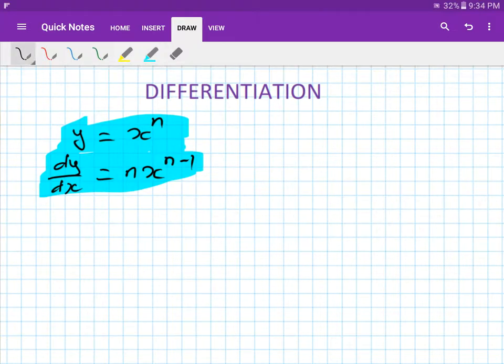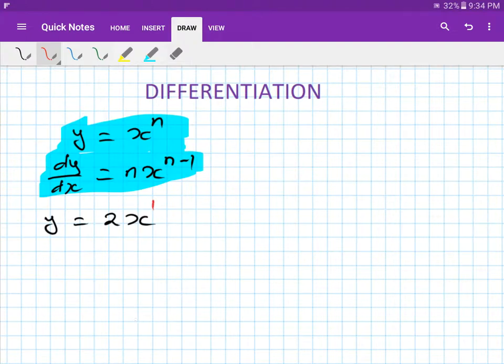So let's say, for example, y equal to 2x. To find the differentiation of that, remember 2x means 2 times x power 1.